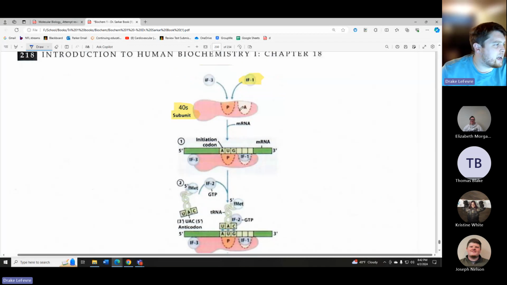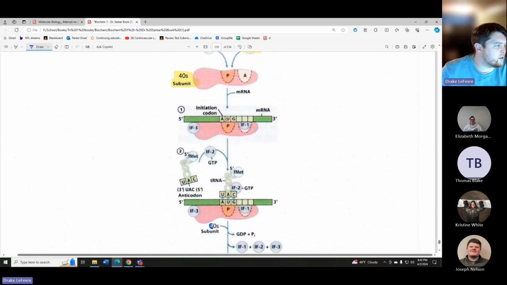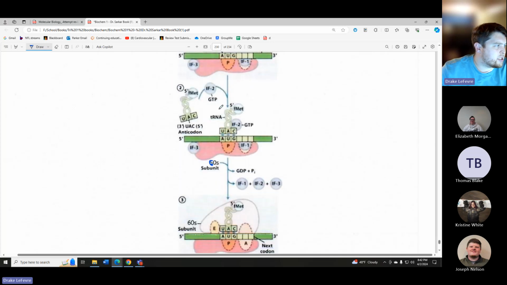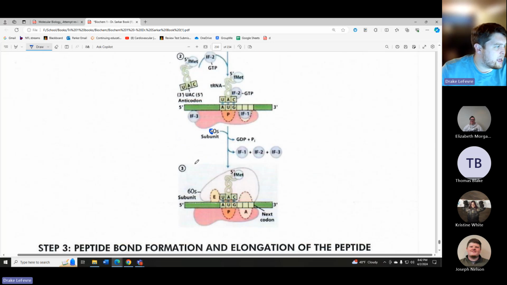So we have a P site and an A site. AUG starts in that P site. Our tRNA comes, methionine binds nicely right there, and then our 60S subunit comes and binds once that is formed. There's an A site, a P site, and an E site. The E site is our exit site.